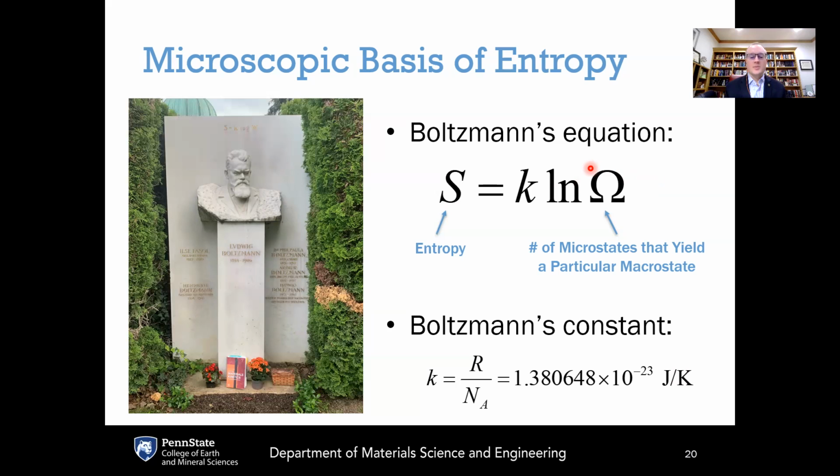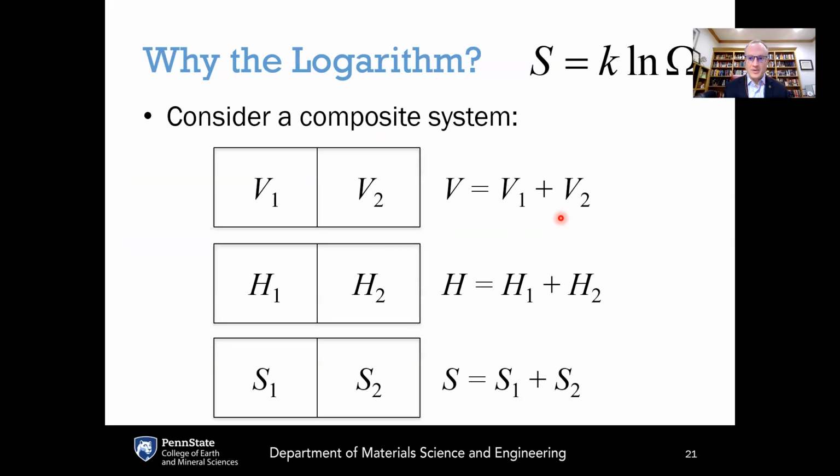It's overwhelmingly probable that the universe is tending towards a system with higher entropy because the number of possible microstates that are visited is increasing. So Boltzmann's equation here is critical for understanding the fundamental basis for both the second law and the third law of thermodynamics.